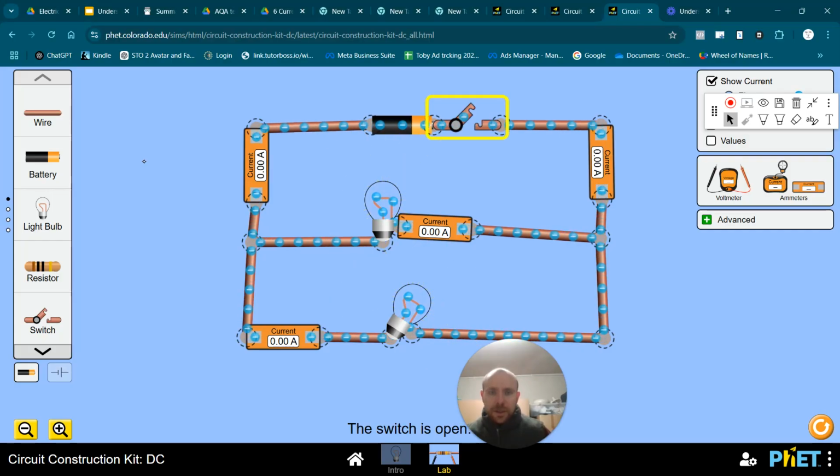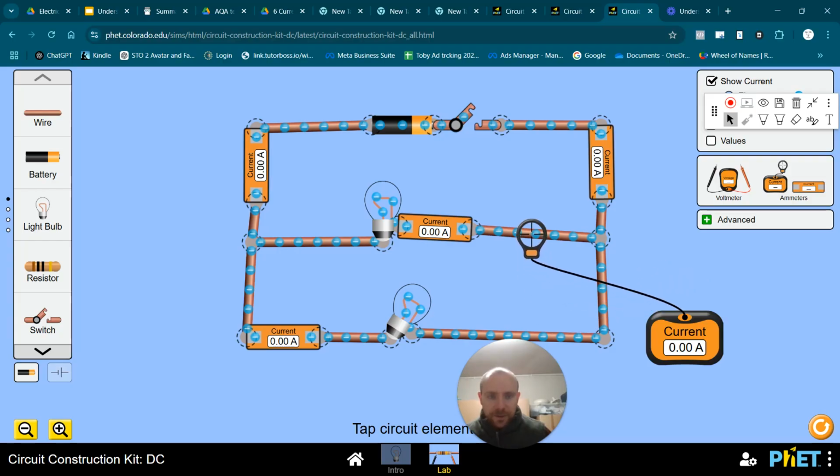I can turn my switch on, turn it off. But a really important thing to realize is that although this isn't, as I've said before, a real device that you can use, for the purposes of this demonstration, it's really handy to use this sort of current probe, and I can see what's happening to the current throughout that circuit.